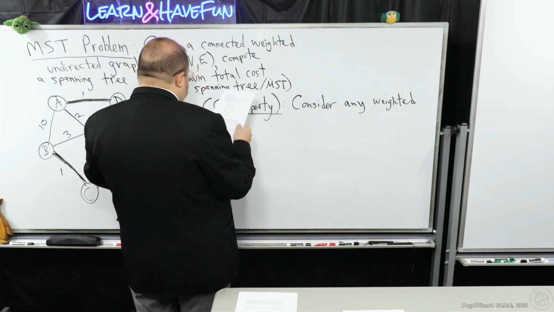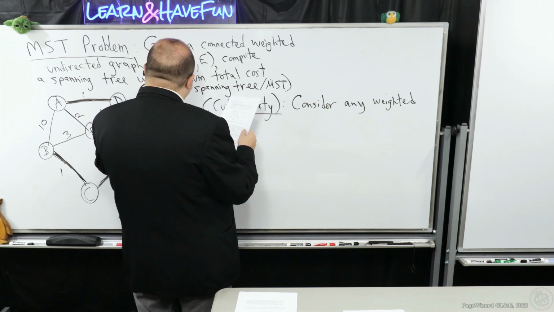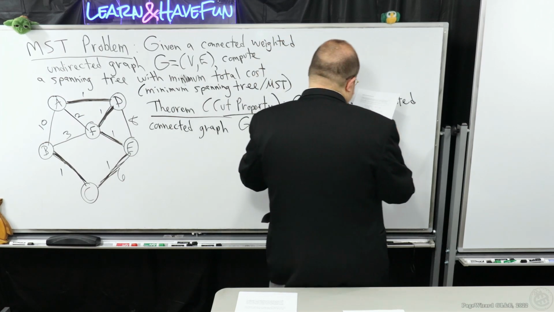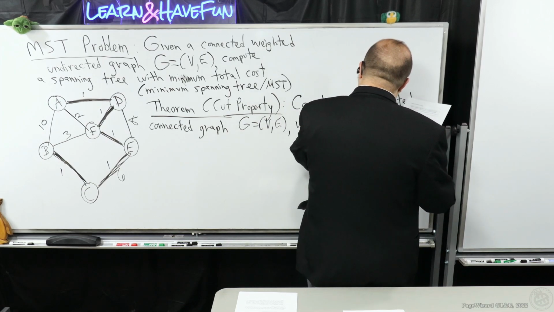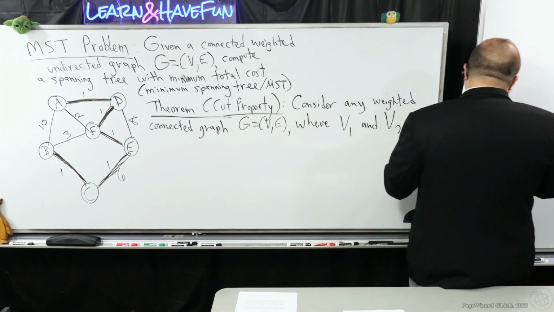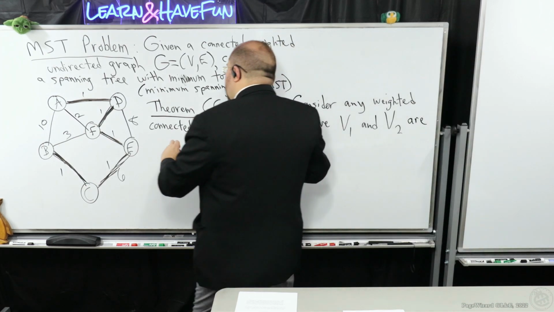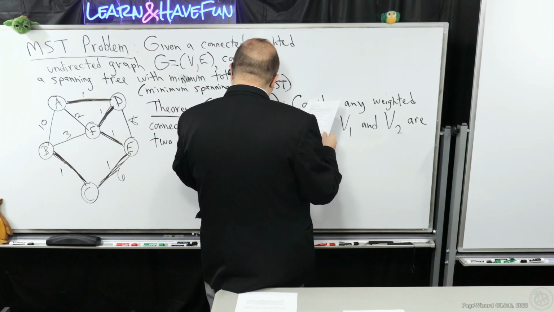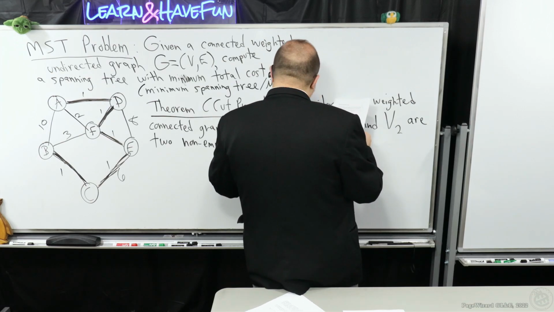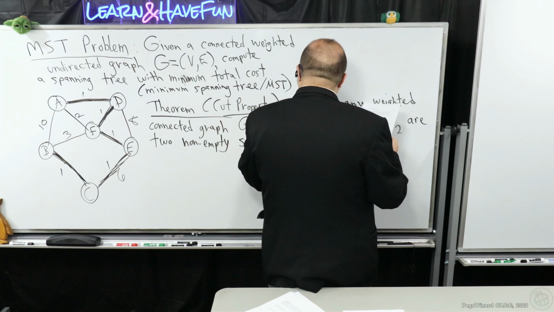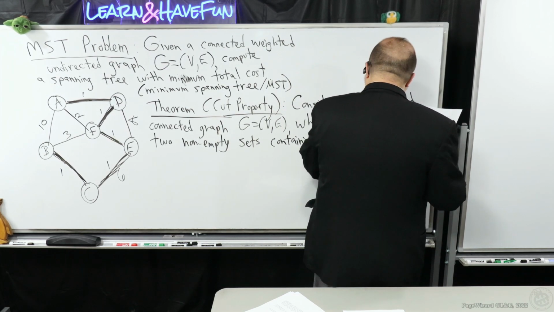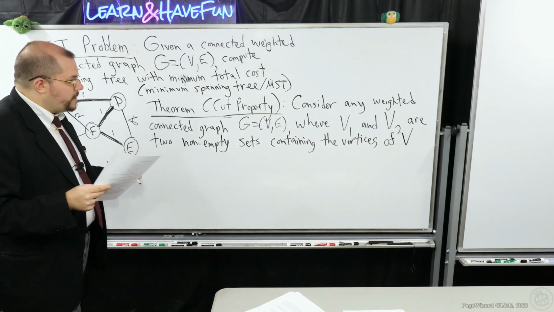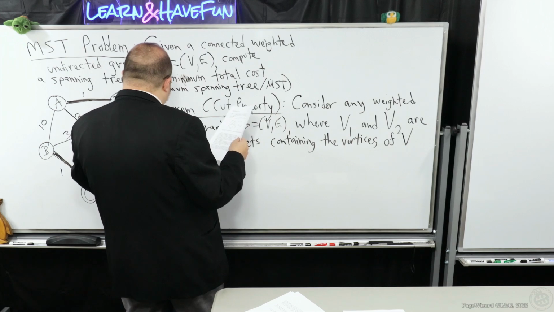So consider any weighted connected graph G equals (V, E), where V1 and V2, these are two subscripts, are two non-empty sets containing the vertices of V. It means all the vertices are going to be in V1 or V2, with no common vertices.